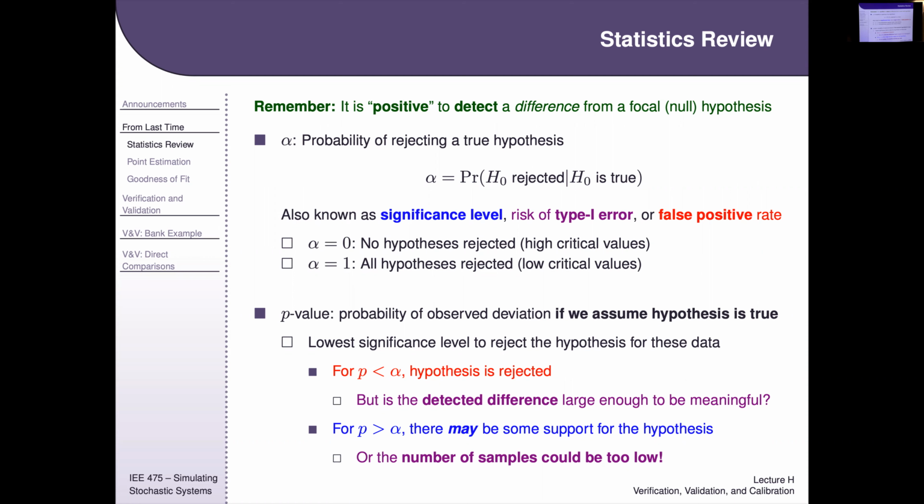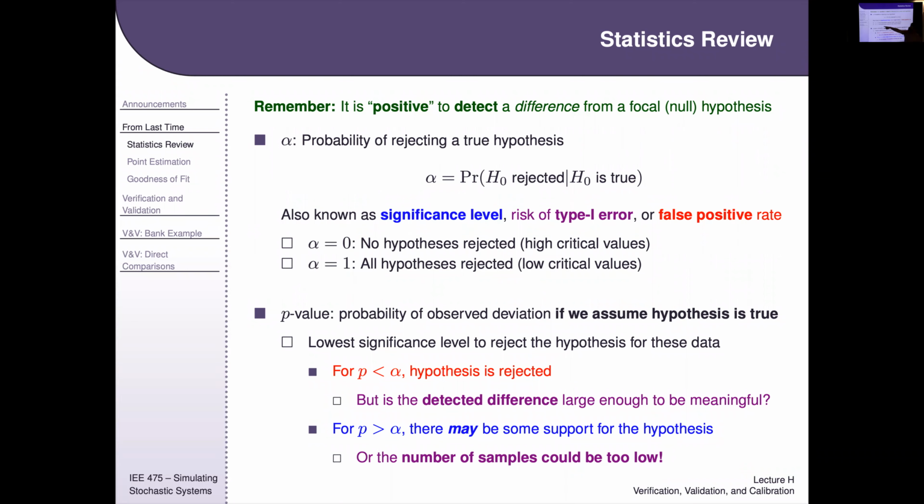And if someone is trying to convince us that something exciting is going on, then they've got an alternative hypothesis. And so in order for us to find support for their alternative hypothesis, we need to reject the boring case, and that's the null case. And so alpha, assuming the null is true, is the probability we will accidentally reject it.